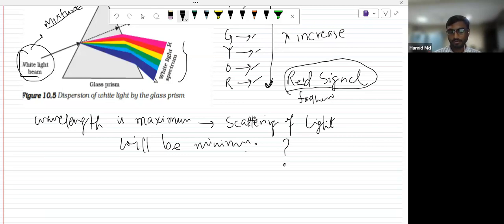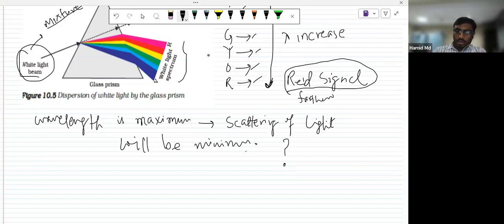Of course. Sir, it is because the light which has higher wavelength has a lower probability of colliding with the particles present in the medium.